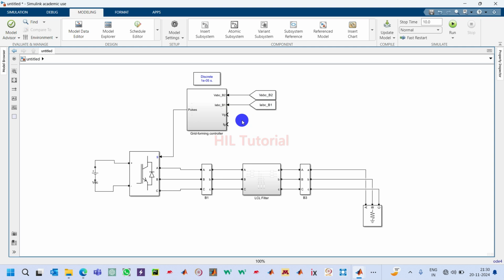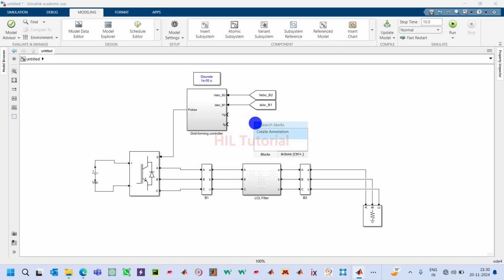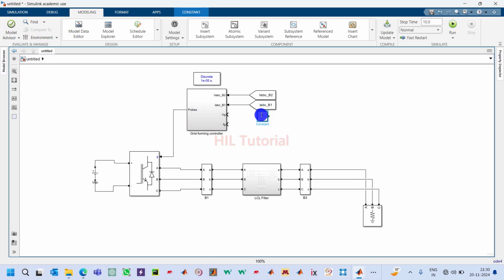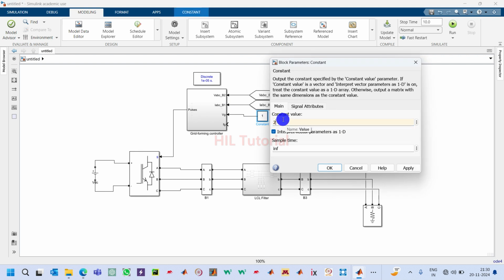Now 2 more things we have to give, that is voltage amplitude. So take one constant block, and flip it. Now double click on it and make it 230 star square root of 2.